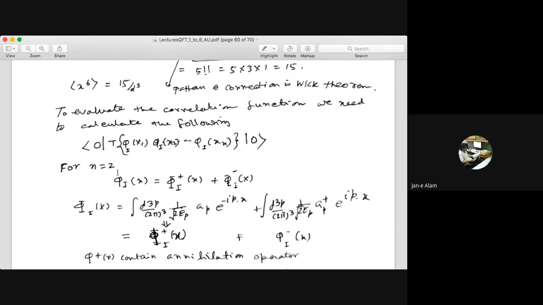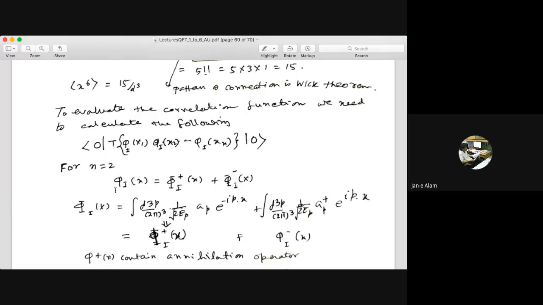First, let me start with n equal to 2. The subscript I on phi is telling me that this phi is in the interaction picture or Dirac picture, which I have elaborated in detail yesterday. You also remember this phi is evolved by the free part of the Hamiltonian.